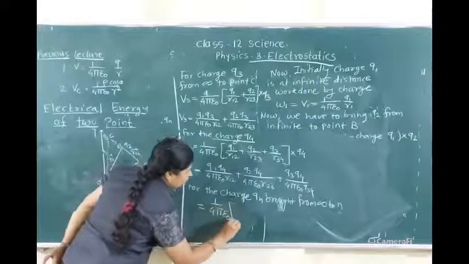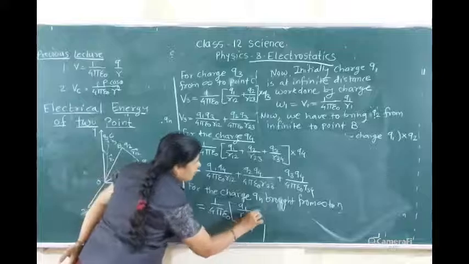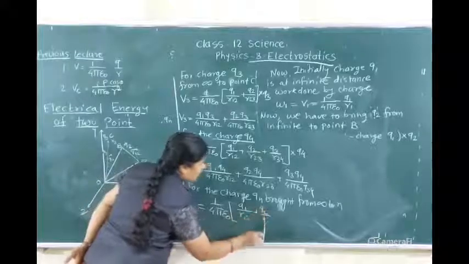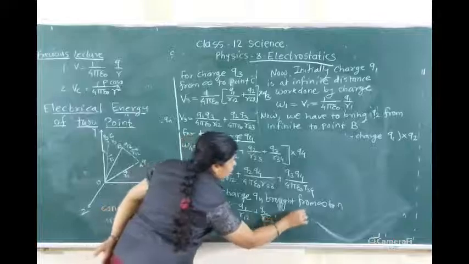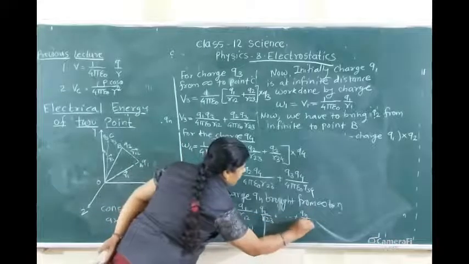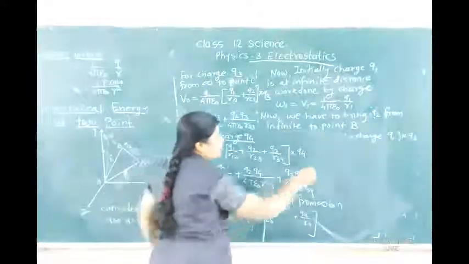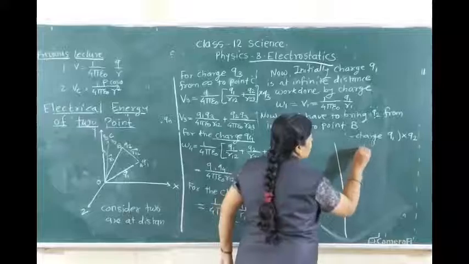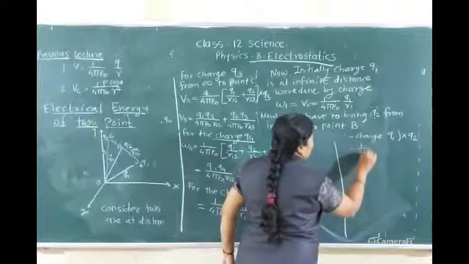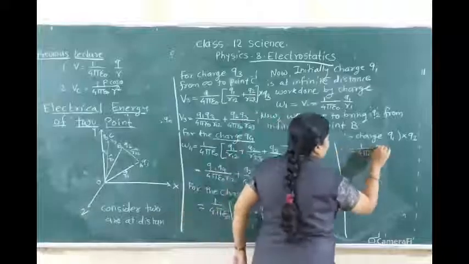By the principle of superposition, the total work done for the system is 1 upon 4 pi epsilon 0 times the summation of Qj Qk divided by Rjk.